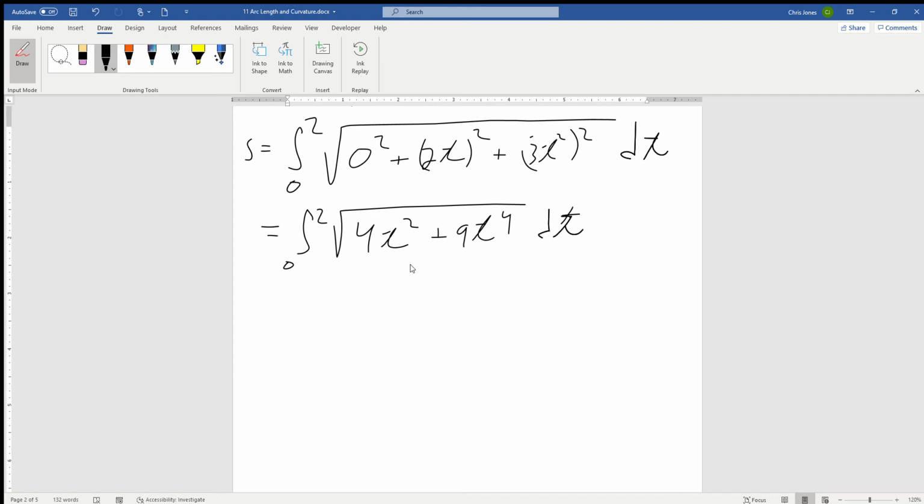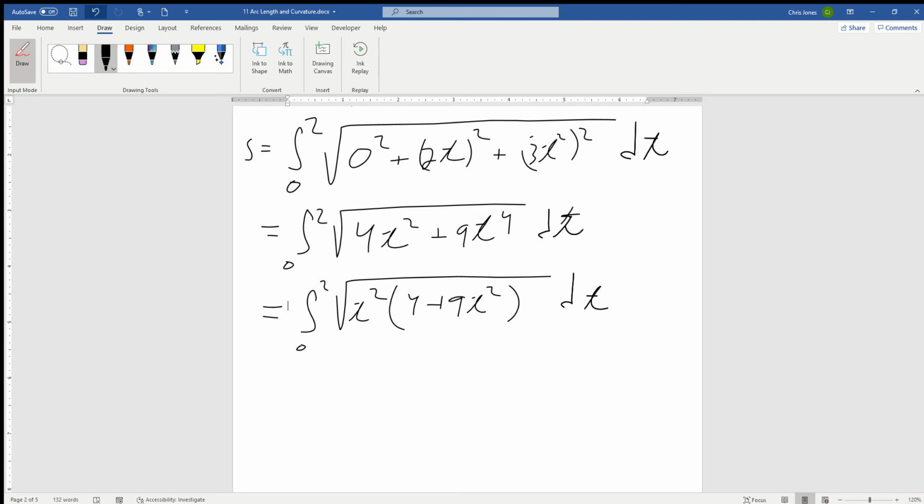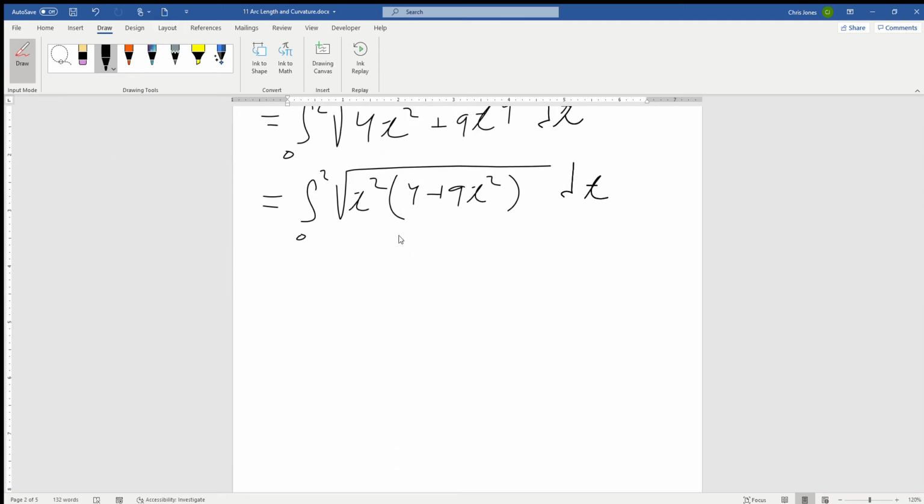For instance, you could use a trigonometric substitution or try integration by parts, but we can turn this into a u substitution fairly easily. Let me illustrate how. Let's factor out a t squared from what's under the radical. That leaves us with 4 plus 9t squared. If we take the square root of that t squared, we rewrite this as the integral from 0 to 2 of t times the square root of 4 plus 9t squared dt.